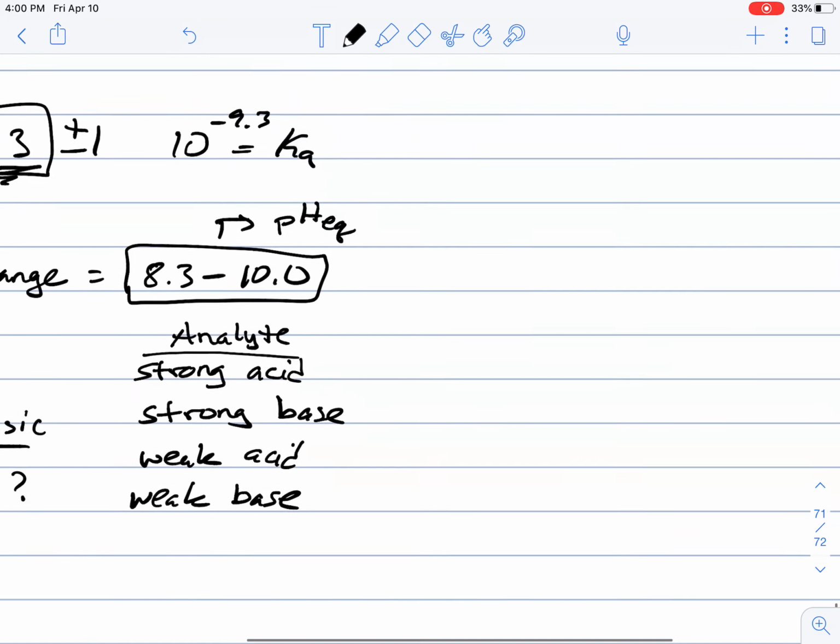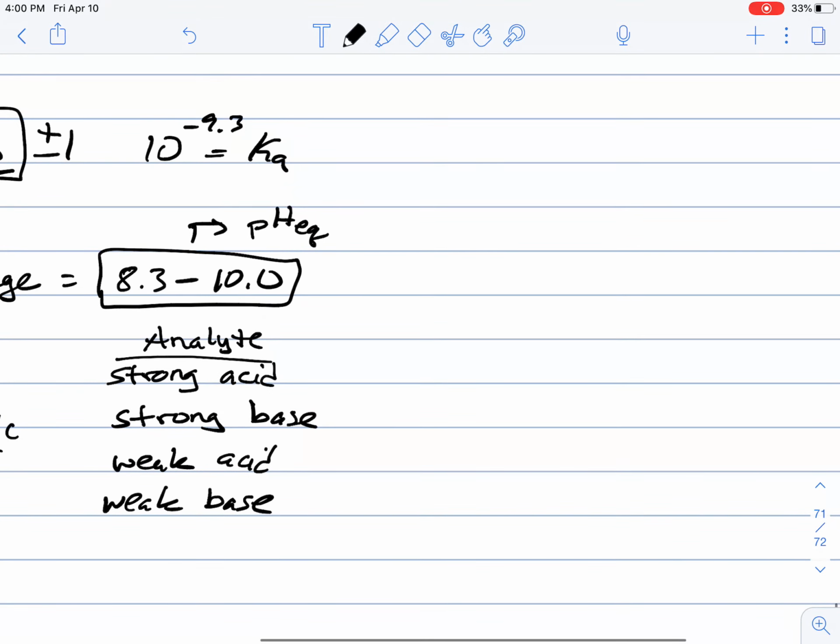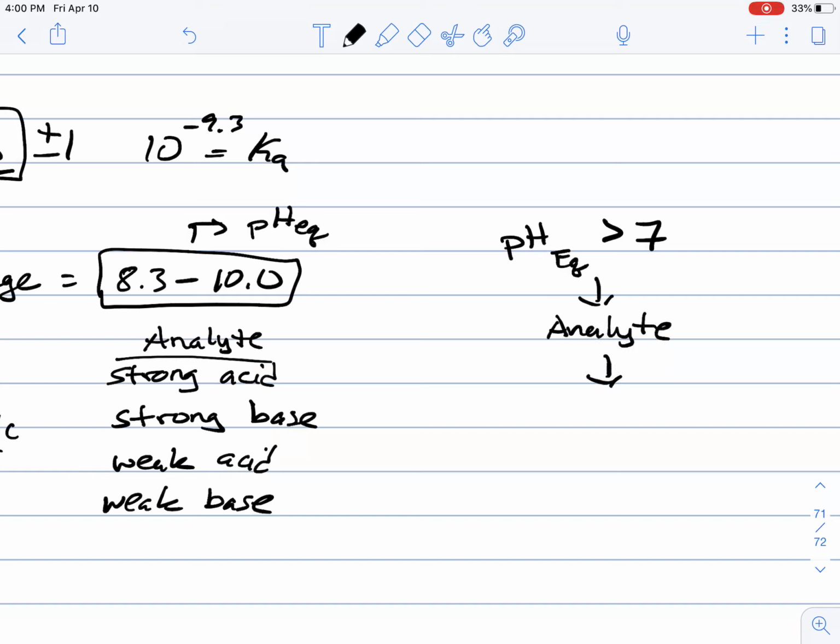And so since the pH at the equivalence point is greater than 7, it's not at 7, it's greater than 7, then that means that our analyte must be a weak acid.